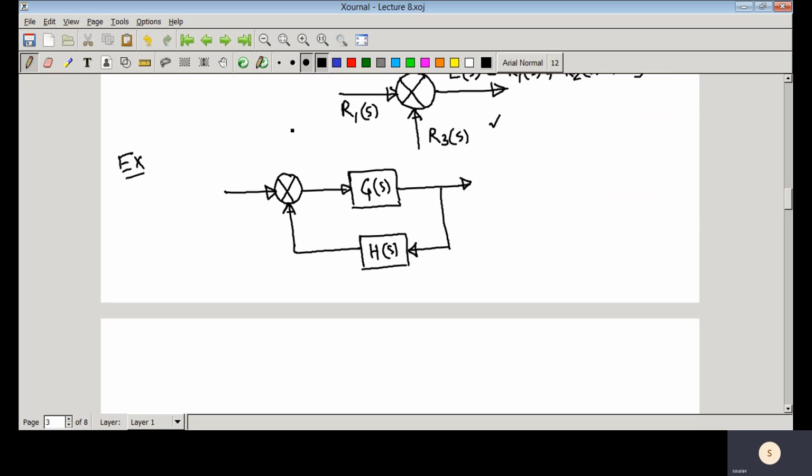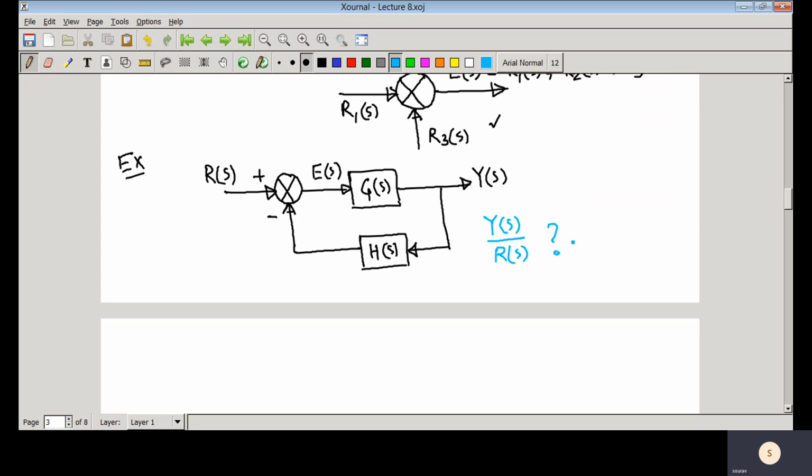So if we take that negative feedback loop, this is the output Y(s), and the reference signal that you have given is R(s), and this one is the error signal E(s). Now we are interested in finding what is Y(s) over R(s).